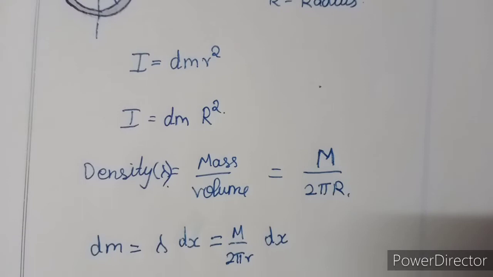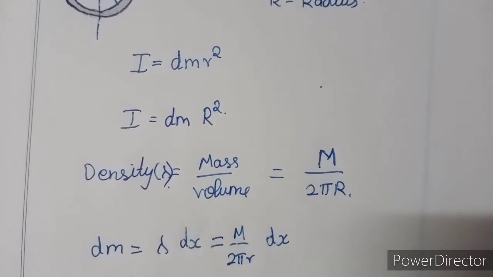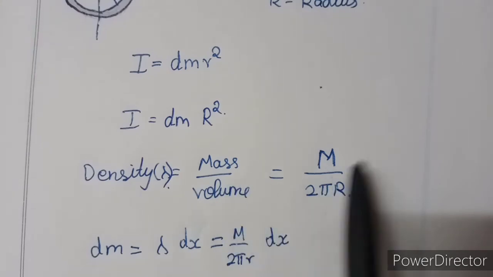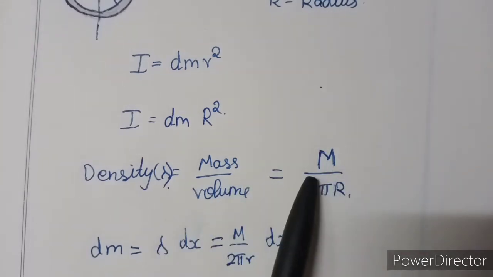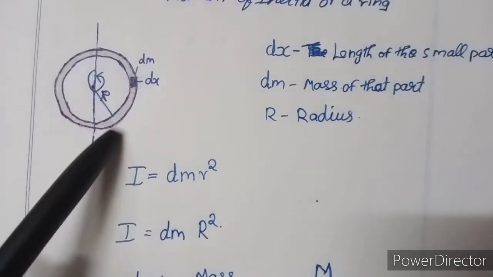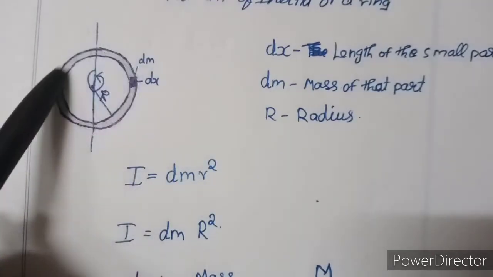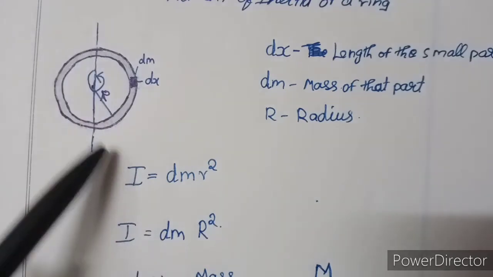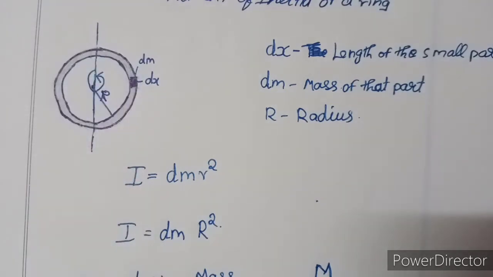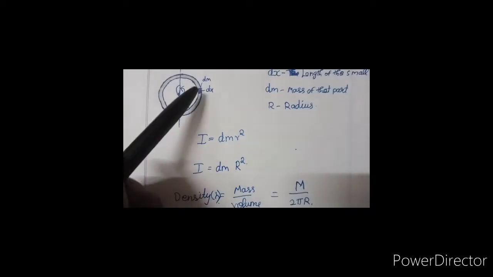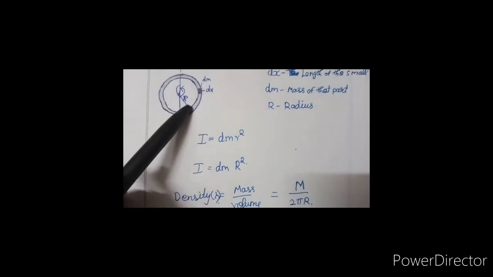Then lambda is the main part here. Lambda is equal to mass by volume, where the mass is taken as mass, and the volume is the total length of the ring.